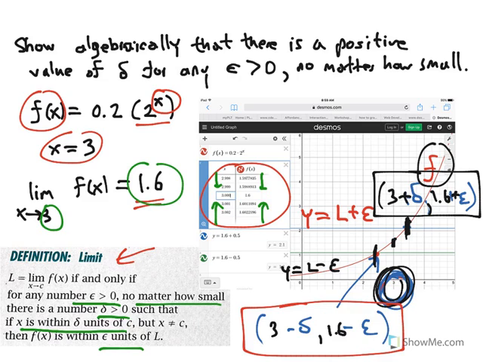Why is it that you don't want to choose this point? Because this point is further from C than the other point. So if you solve for delta using these coordinates, you'll get a value for delta, but you will not guarantee that if the input values are within delta units of 3, the output values will be within epsilon units of 1.6.